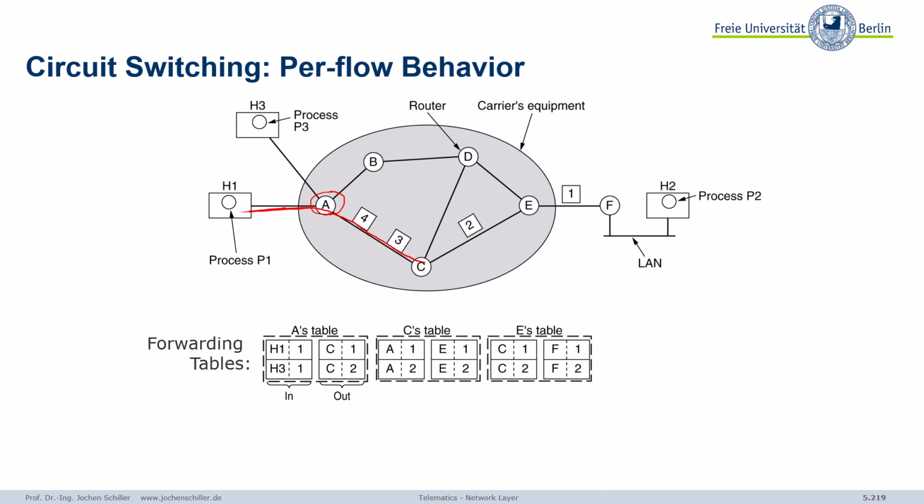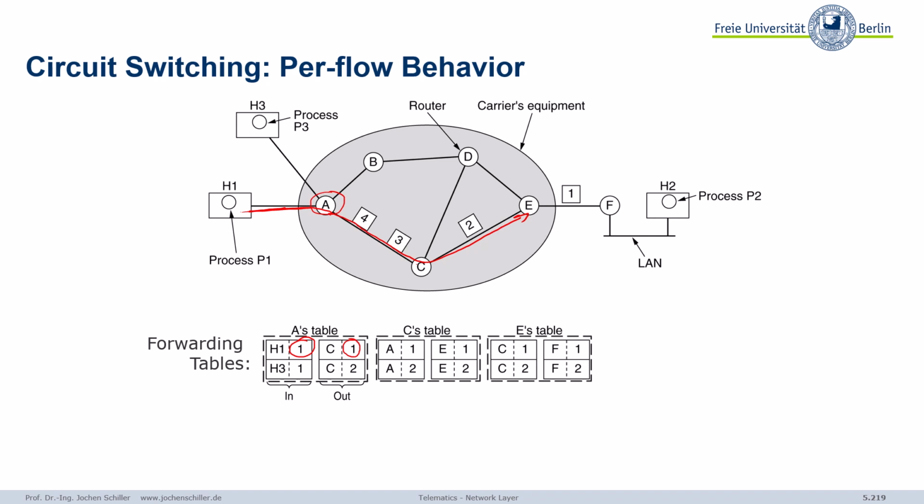And the idea here is that during this connection setup, we set the path, and in C it says when it comes from A, we go to E. But you also see that we assign certain labels to it. This is done during connection setup.